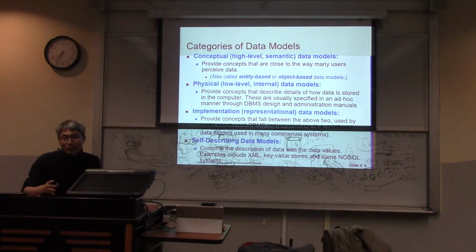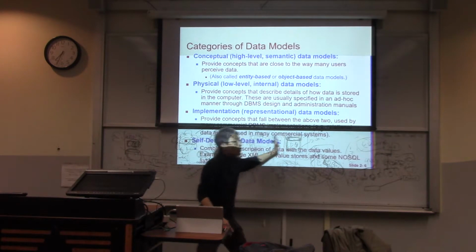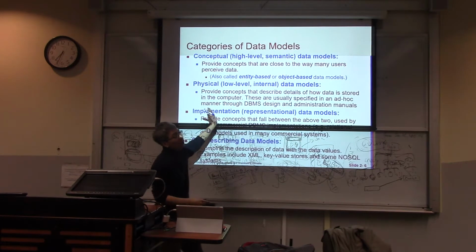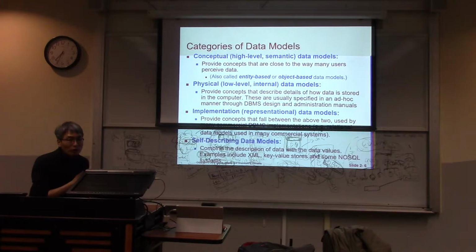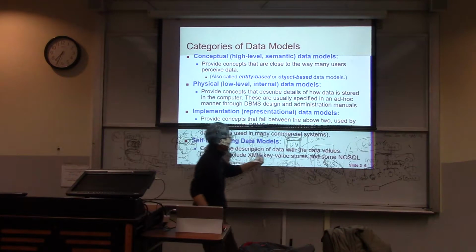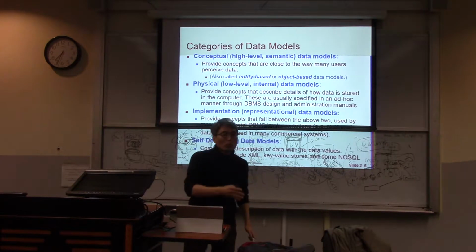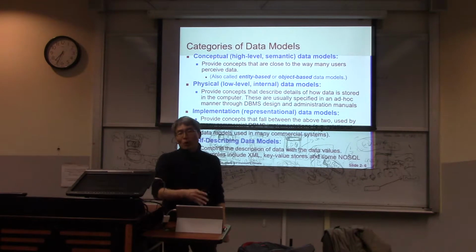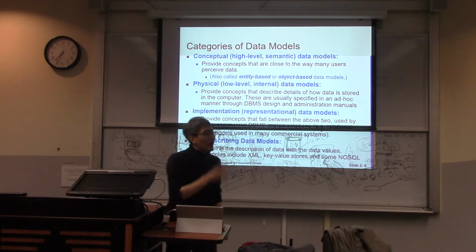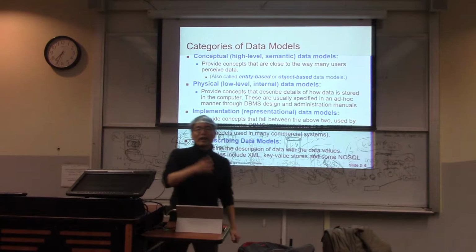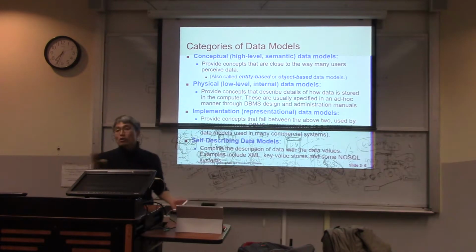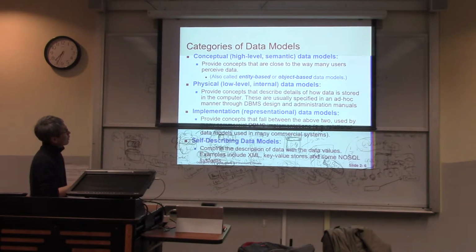It's not directly related to the computer; it's just conceptual, so domain experts work on it. Then the next level is the physical data model, which is how the data is stored in the database system. It's a physical level, like whether we use integer, number, or decimal, and in the case of integer, how many bytes are allocated. It's 4 bytes, and a double is 8 bytes, and so on. Such detailed, physical-level modeling is the physical data model.